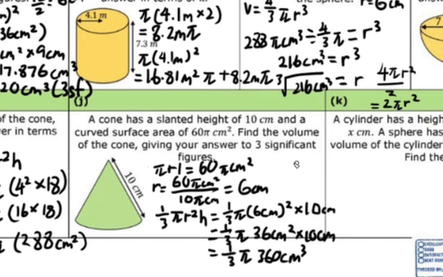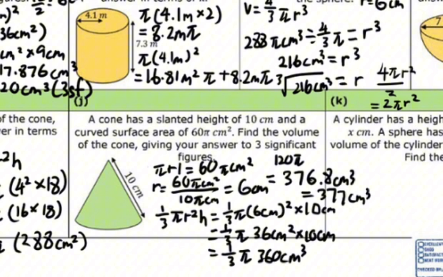And we would get 120 pi. So 120 pi we would get around 376.8 cm cubed. And if we round it to 3 significant figures, it will be 377 cm cubed. So that will be our answer for J.